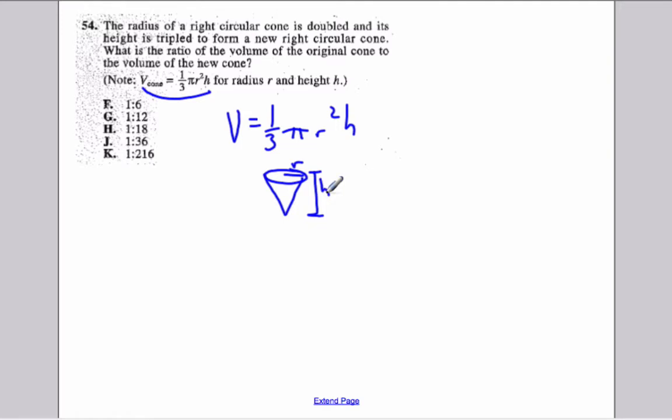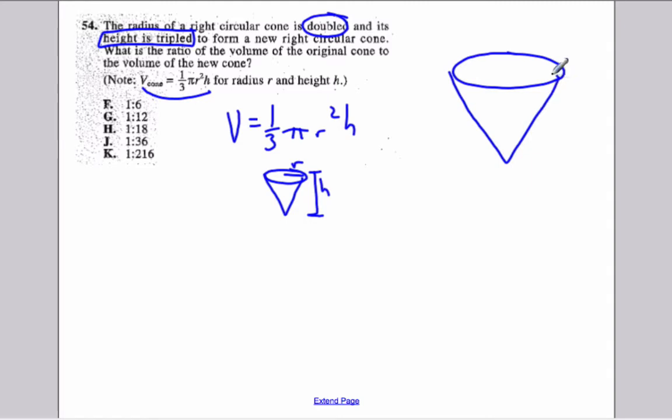What happens though, they say, when we go through and the radius is doubled and the height is tripled. So let's go through and just redraw that picture. Here's our new cone. The radius is doubled, so that just becomes 2r. The height is tripled, so that just becomes 3h, 3 times the height.